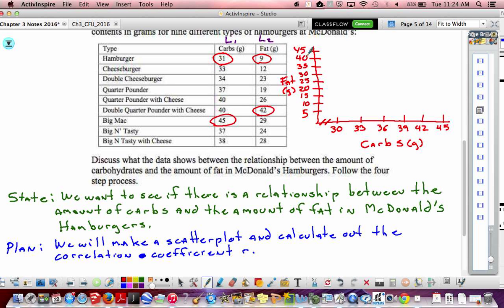So I'm just going to take a minute or two and graph these points. 31 and 9, 33 and 12, 34 and 23, 37 and 19, 40 and 26, 40 and 42, wow, 45 and 29, 37 and 24, and 38 and 28.